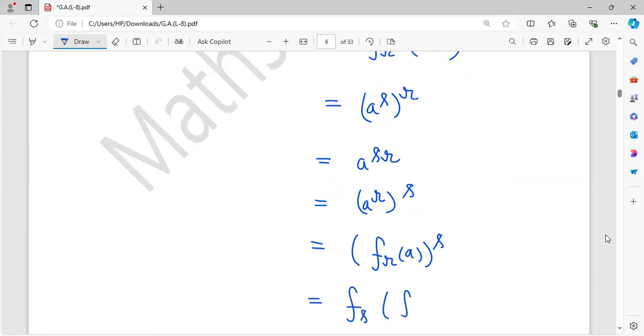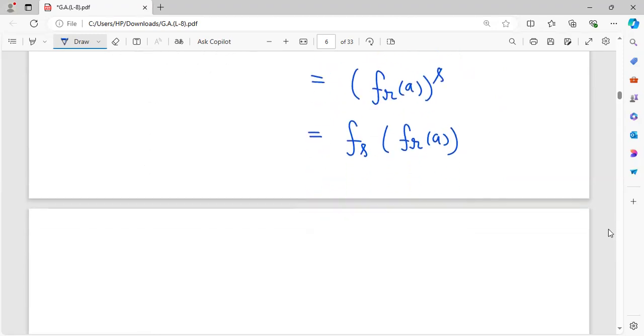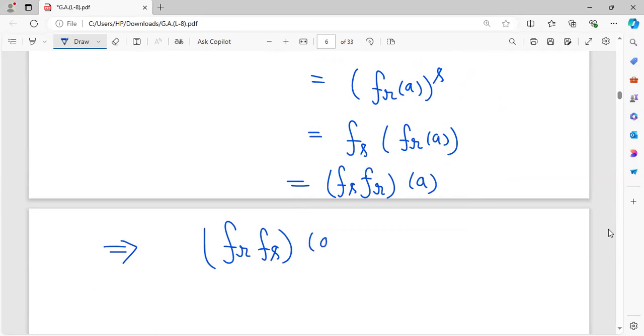F_s F_r(A). So this implies F_s F_r(A) is equal to F_r F_s(A).